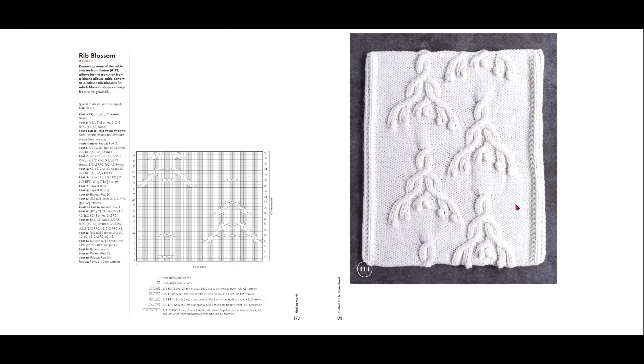So this looks like a hanging flower, but with my sweater, because I'm knitting top to down, this is going to be like a flower bouquet because it's upside down. You know what I'm saying?